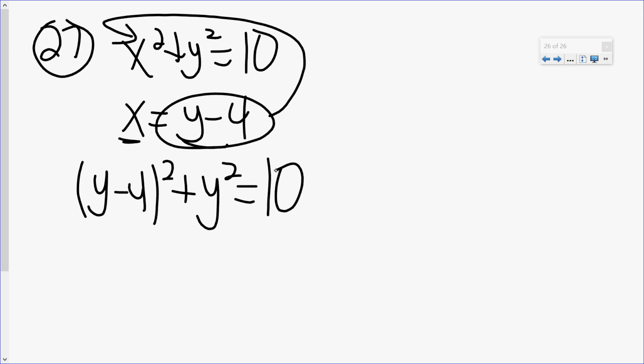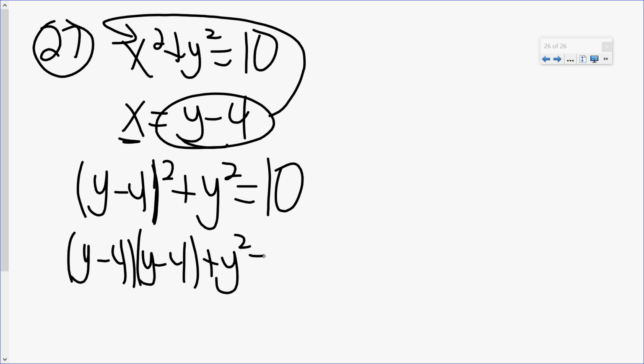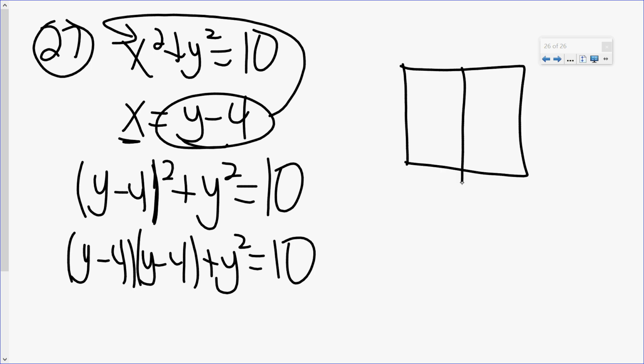Now we need to do the algebra. We said earlier at the beginning of this review video, whenever you have a binomial squared, y minus 4 squared means y minus 4 times y minus 4. And to do that, we have to do the box.